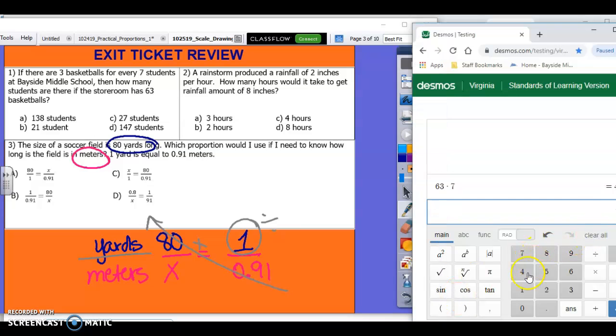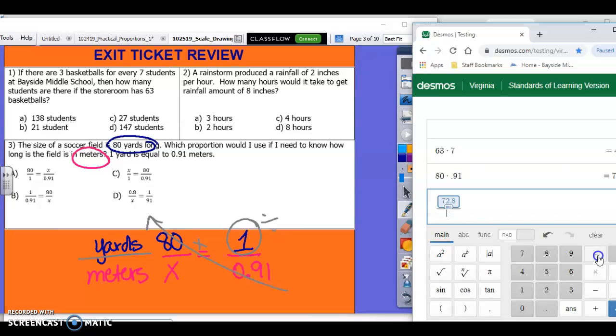I'm going to clear this out. I type in 80 times 0.91, and that's what I get. So I come to my next line. I hit answer, and it brings that number down for me. Divided by 1, which I should know that that's just the same number.